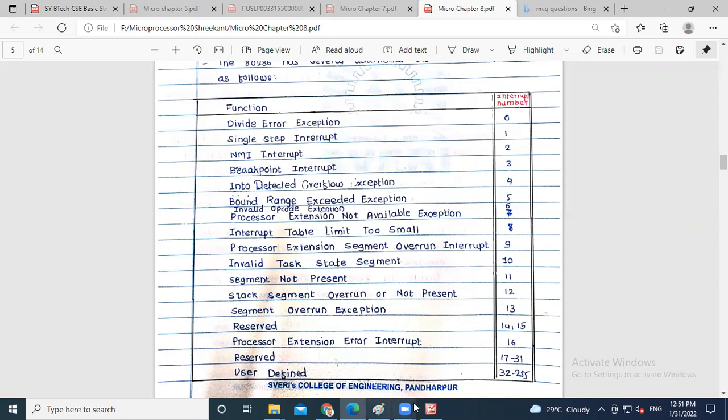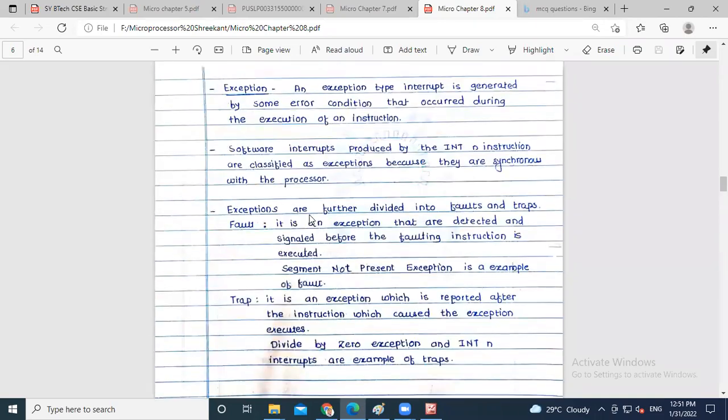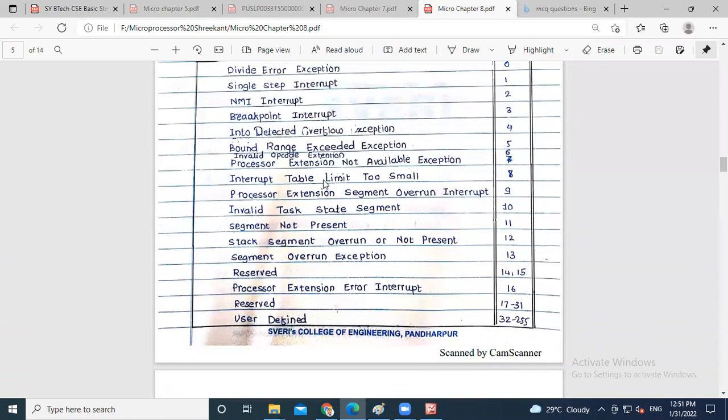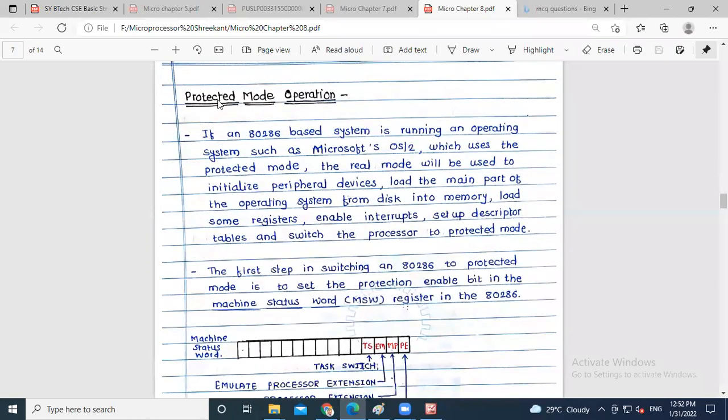So this is the exception list I have made here. If any type of error comes, it will show this exception, which is going to be solved by the 80286. Okay, next I will move to the protected mode operation.